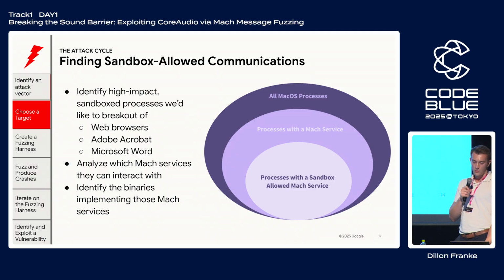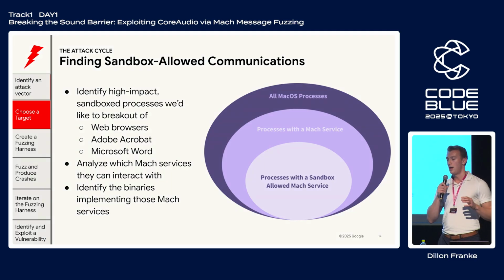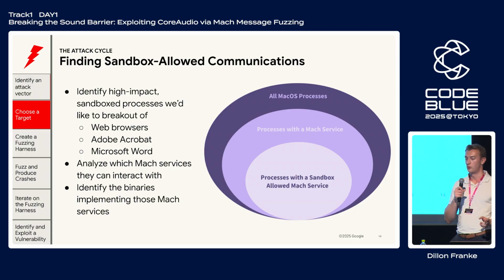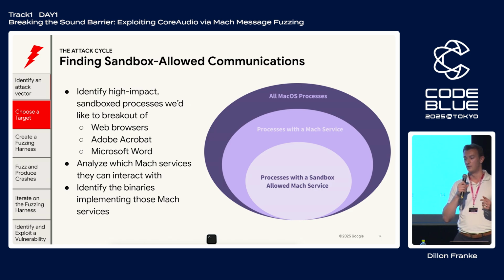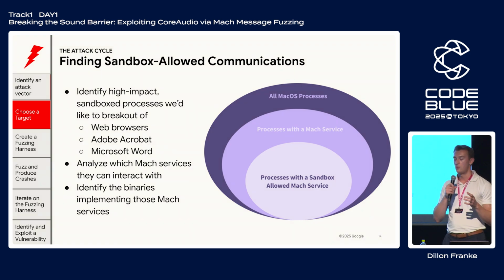And so it led to a bit of a Venn diagram situation where I wanted to narrow down from all macOS processes as potential targets, then look at ones that just exposed a Mach service, and then finally hone in on ones with a Mach service that you could talk to from a sandbox.